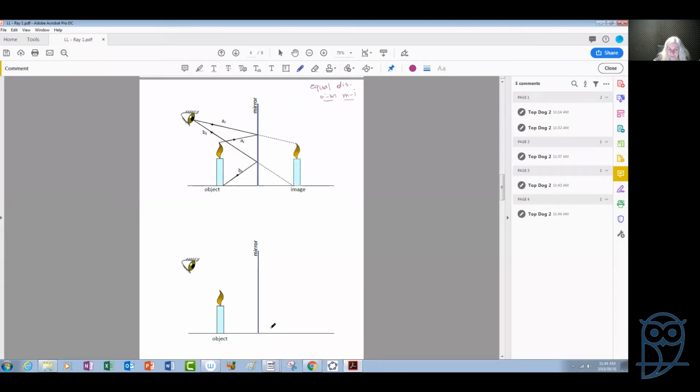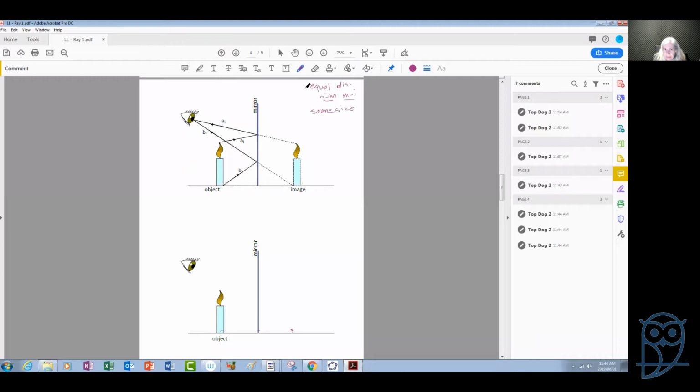So what we do first, in other words, we start by drawing the image. That will help us a lot in drawing the rays. So the distance between object and mirror must be equal to the distance between mirror and image, and the image has the same size.